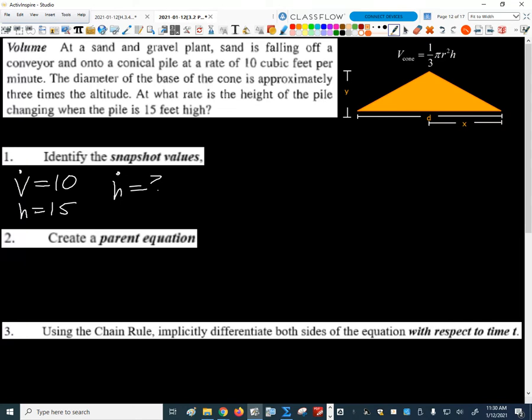Okay, so here's our parent equation. But just like we had before, we're going to use this other piece of information they give us.